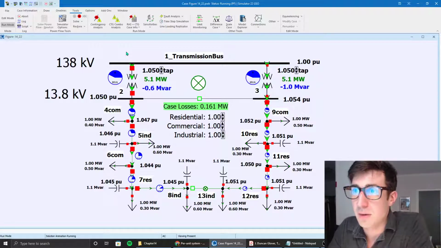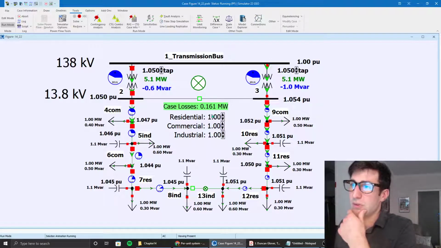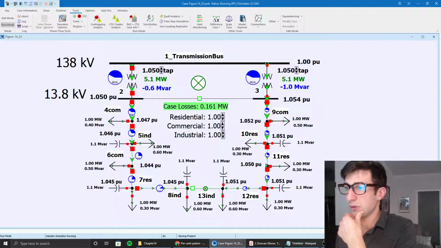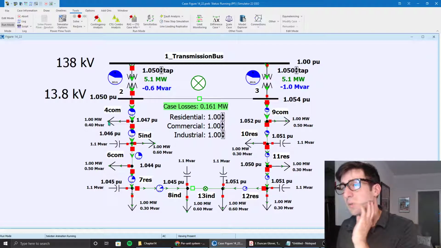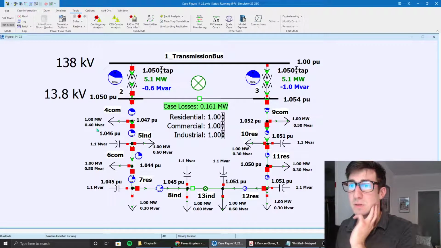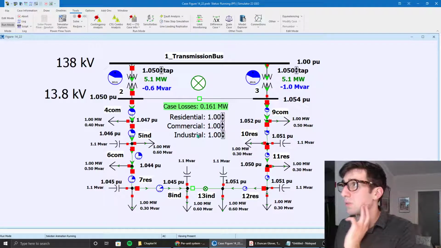So we're delivering load. Each of these is a customer. Here we have commercial, and we have different commercial, residential, and industrial customers. You'll notice a lot of the commercial and industrial will be drawing and demanding reactive power in addition to real power. Real power is in megawatts, and reactive power is in megavars in this case.